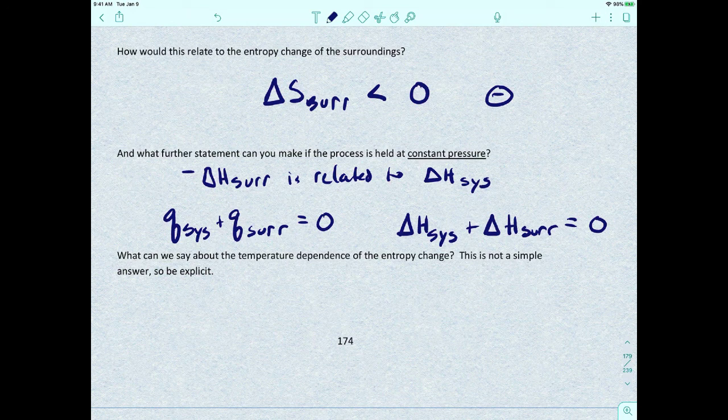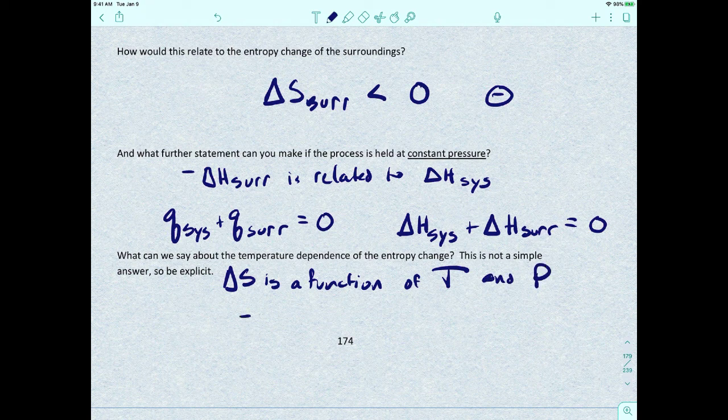Now, what can we say about the temperature dependence of the entropy change? This is not a simple answer, so let's be a little bit more explicit. Delta S is a function of temperature, which we know, in joules per K-mole, and pressure.